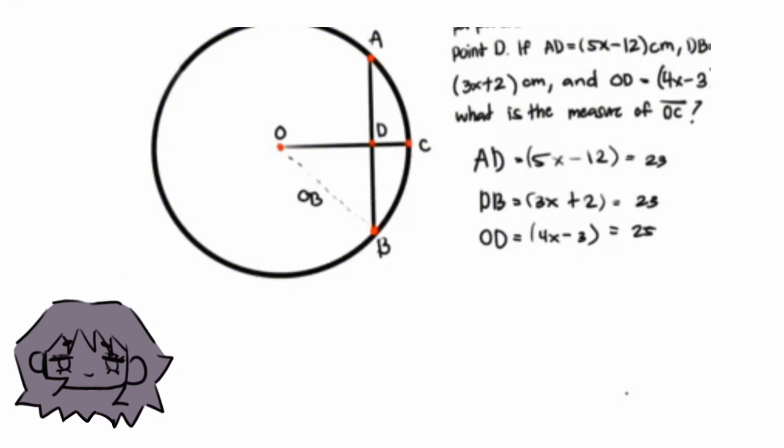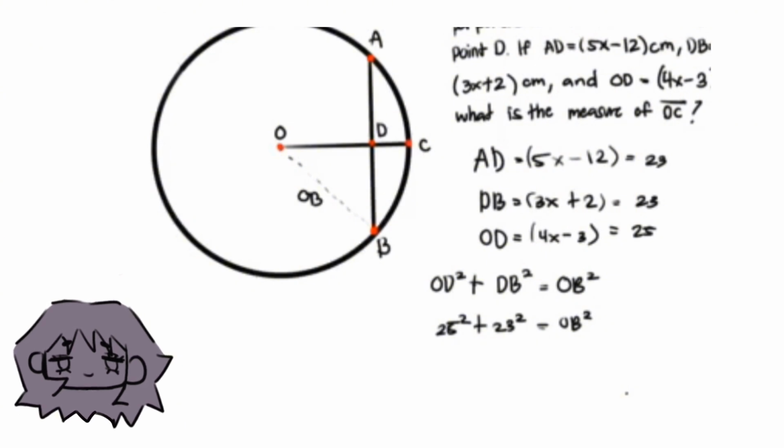So our formula is OD squared plus DB squared is equal to OB squared, which is 25 squared plus 23 squared is equal to OB squared.